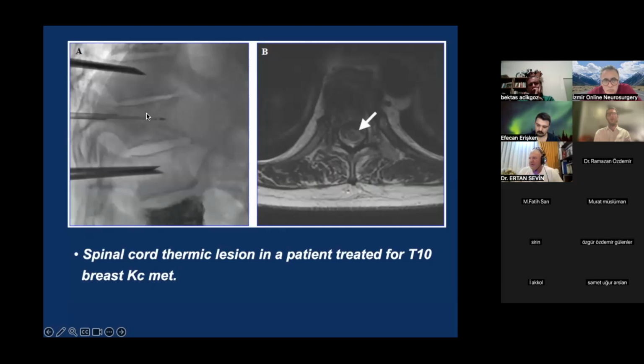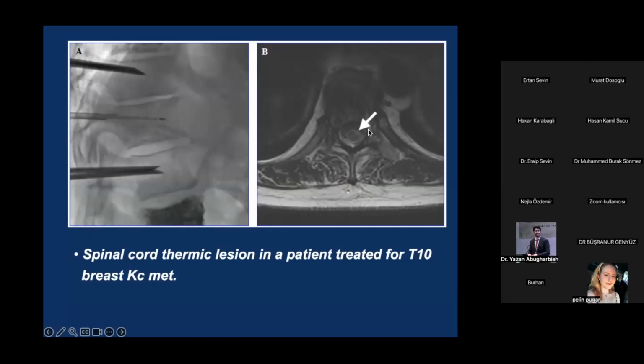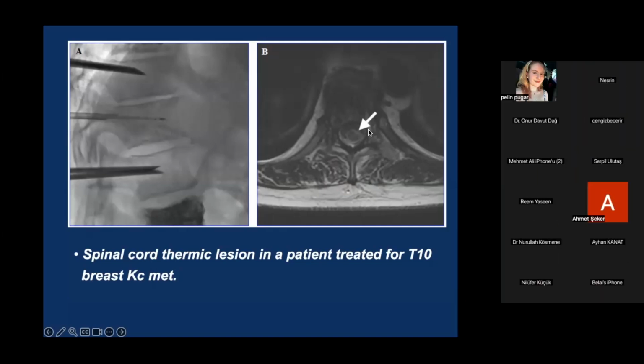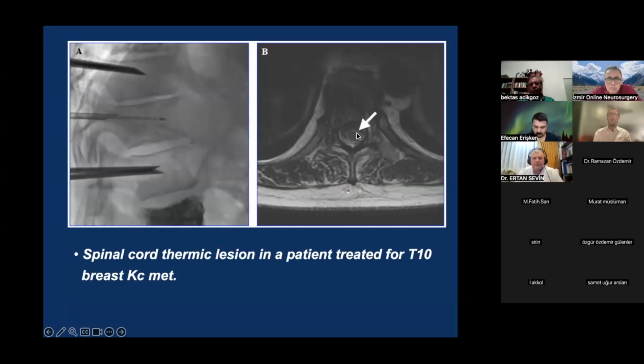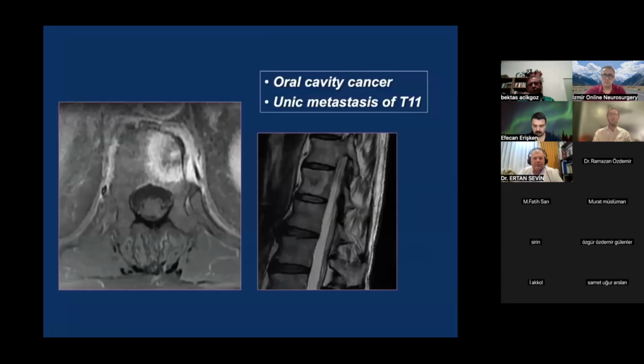We performed radiofrequency ablation, and you see probably the lesion was too close to the spinal cord. We didn't respect the 1 centimeter margin, and you have this thermal injury of the antero left lateral aspect of the spinal cord, and the patient had some deficit of the left lower limb.